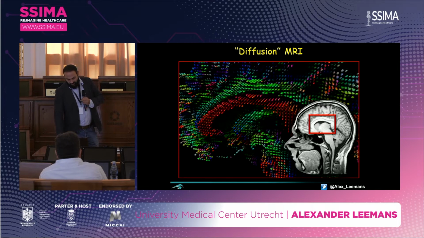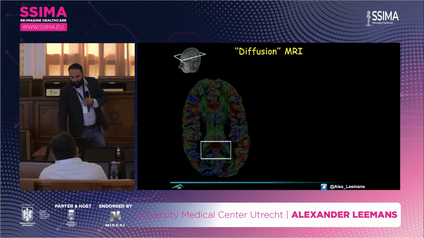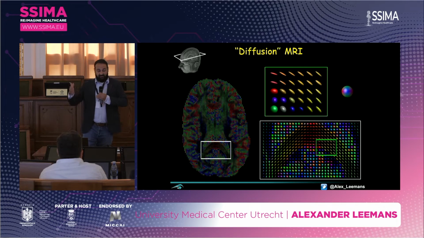Anyway, as you can imagine, looking at an image like this is not convenient, right? How can we get a better idea of the underlying architecture? So instead of showing an image map like this, again, this is now an axial slice through the brain, where every pixel or voxel is showing this ellipsoid.